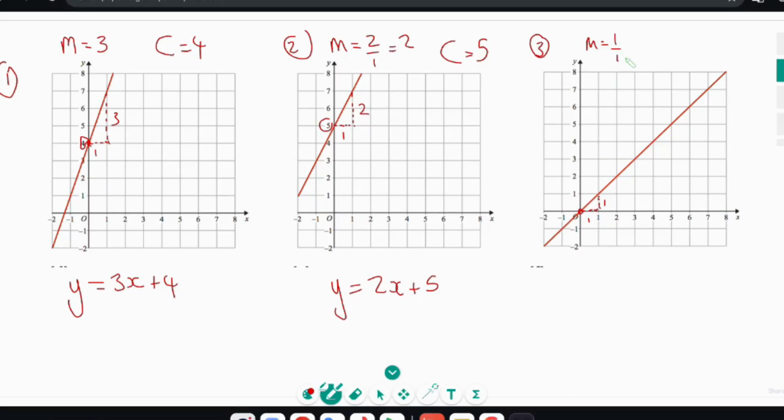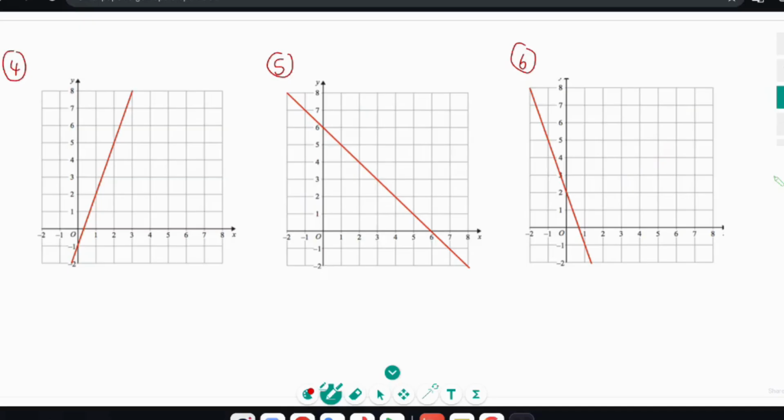One divided by 1 is 1. Your y-intercept is 0. So the equation of the line is y equals 1x plus 0, which is just the same as y equals x.